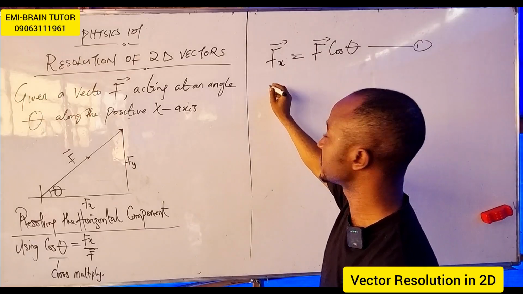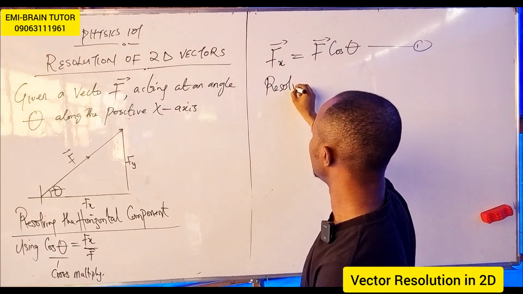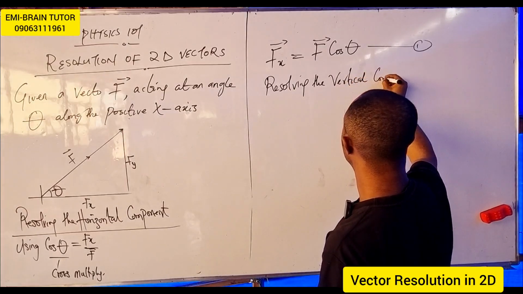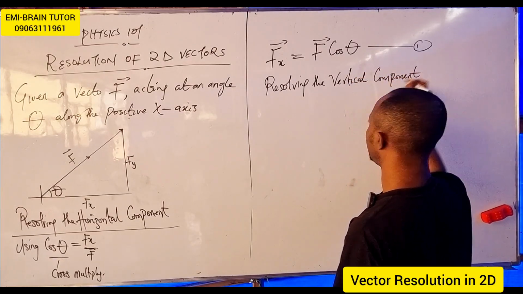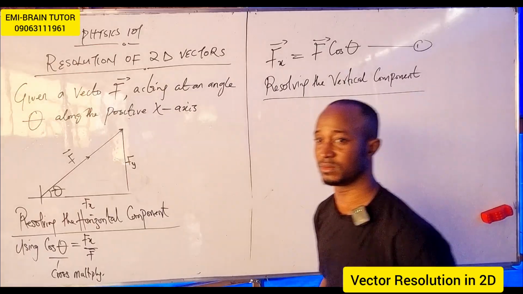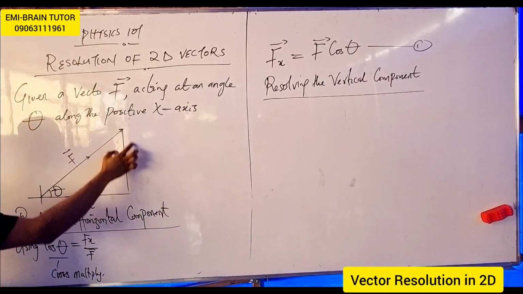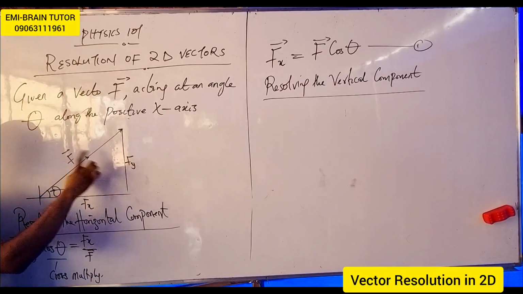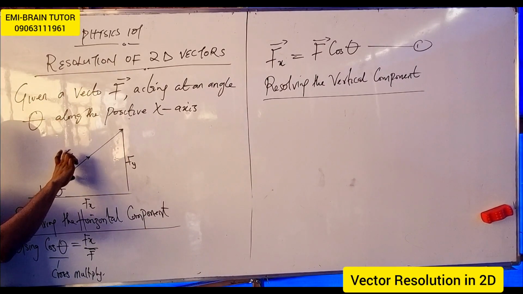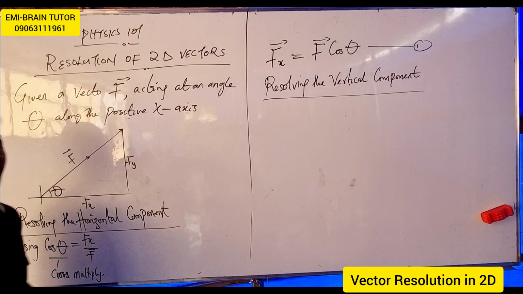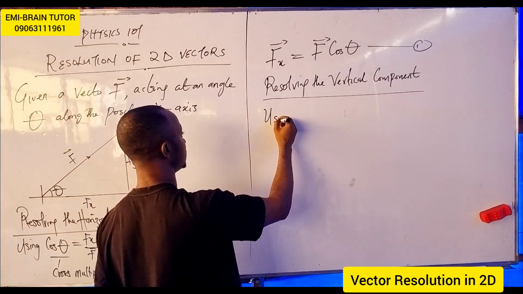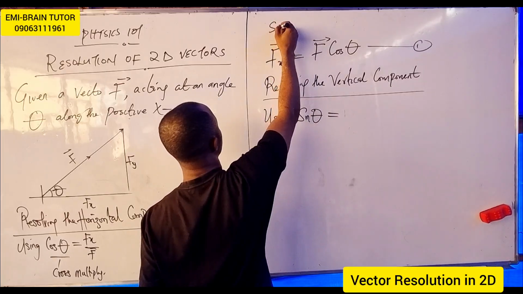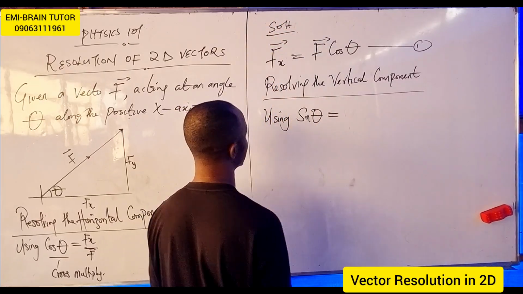Now let's resolve the vertical component of the force. The vertical force here is Fy. I will resolve this with respect to F. Fy is the opposite and F is the hypotenuse, so I'll use sine theta, from SOH: opposite over hypotenuse.